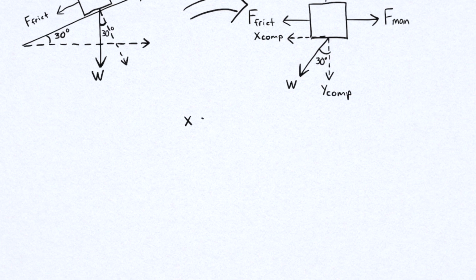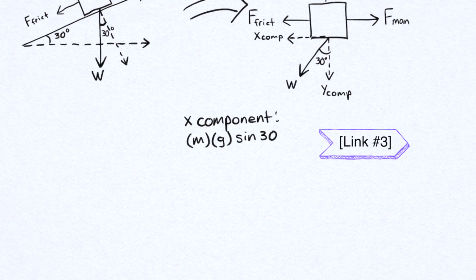So the x component is going to be mass, m, times gravity, g, times sine of 30, because it's 30 degrees, and we want the x component. If you need more help with this step, you can click on link number 3 in the description. So the x component is mass times gravity times sine of 30 degrees.